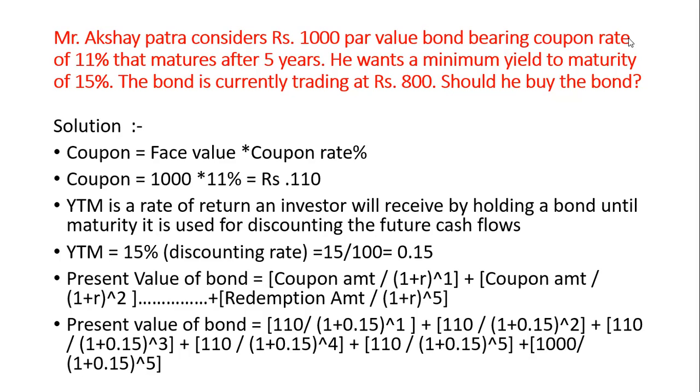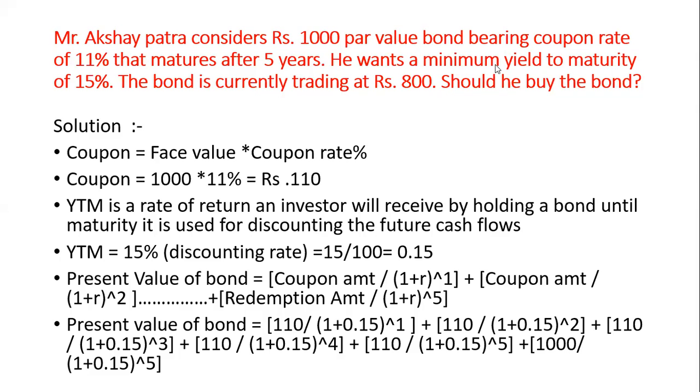Coupon means interest on the bond, and interest is always calculated on face value, that is 1000. It has maturity after 5 years, so you will get back this investment amount at the end of 5 years.